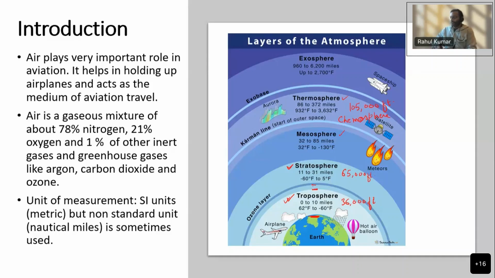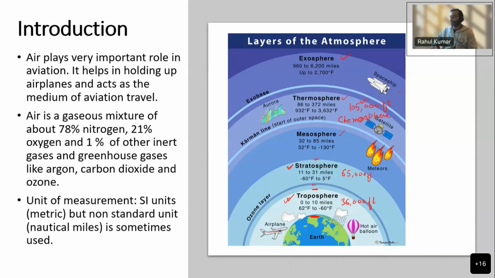The chemosphere extends from the stratosphere up to 105,000 feet. Above the chemosphere you have the exosphere, which is nearly the boundary of space, right? So in a way you can say when you are in the exosphere you are in space.